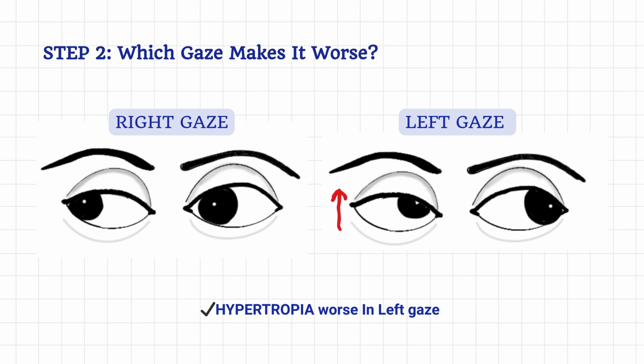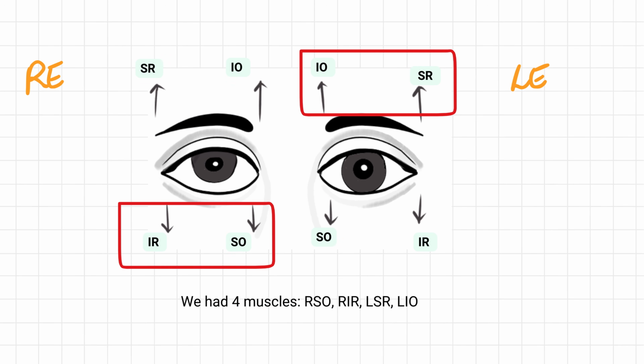Suppose there is right eye hypertropia and it becomes worse in the left gaze. So what do we do next? We go back to our cyclovertical diagram from step 1. Remember, we had already narrowed it down to 4 muscles: right superior oblique, right inferior rectus, left superior rectus, and left inferior oblique. So from these 4 muscles, we now want to narrow it down to 2.